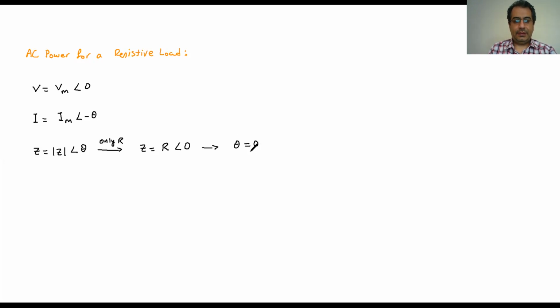Now that I have theta equal to 0, I can write that in time format. So V of T is V max cosine omega T plus 0, because the angle is 0.